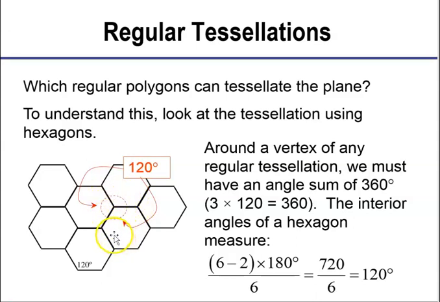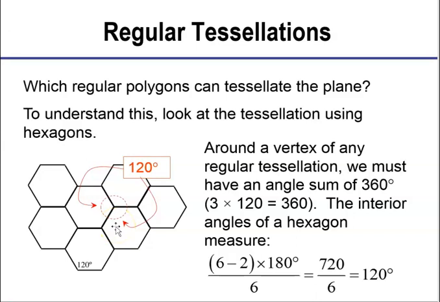A hexagon has an interior angle of 120 degrees. So this one's 120 plus this one's 120 makes 240, plus this one's 120 makes 360 degrees. It fills the plane. Well, what if you were dealing with polygons that don't add to be 360 degrees?